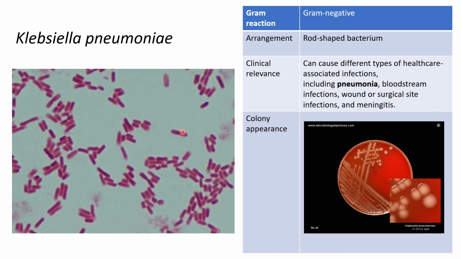Okay, so under the microscope, after gram staining, this is the appearance. It's a rod-shaped, gram-negative bacterium. On blood agar plate, it doesn't have a lysis pattern, so it's a non-hemolytic or gamma hemolytic bacteria. Okay.